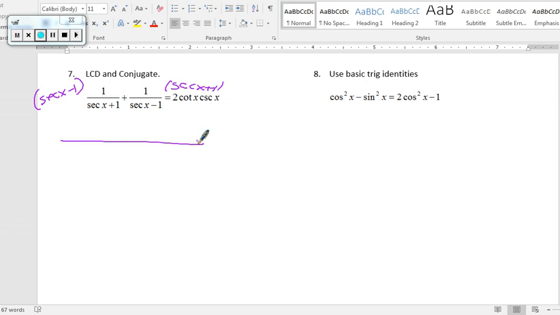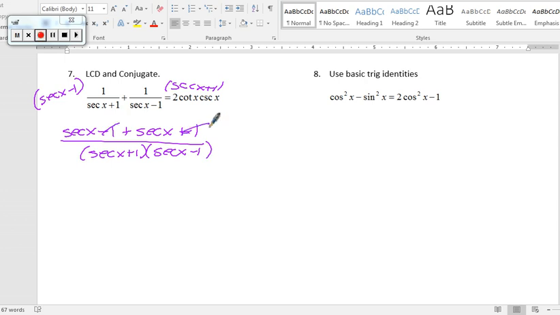So on the top, we're going to get secant x minus 1 plus secant x plus 1. And then the common denominator would be secant x plus 1 times secant x minus 1. If I multiply these guys together, they are conjugates. I'm also going to combine like terms in the numerator.